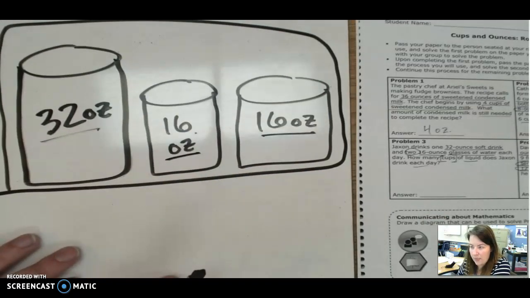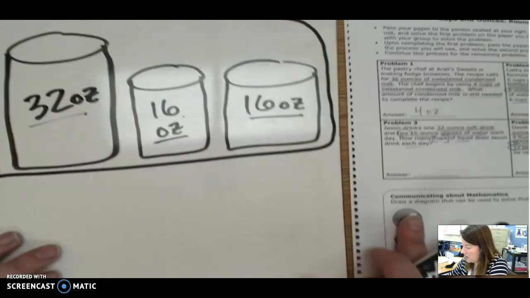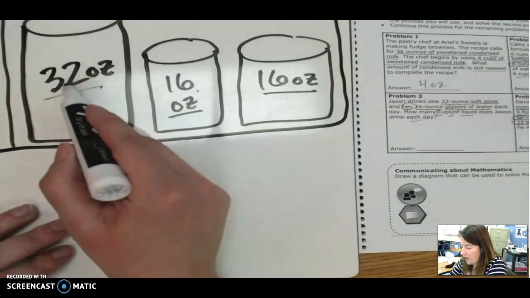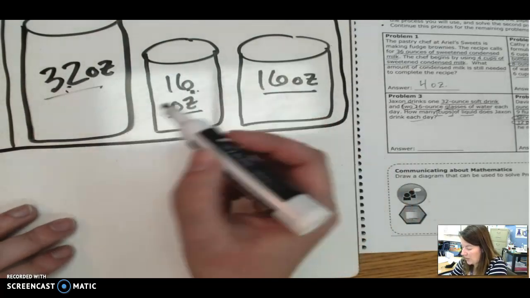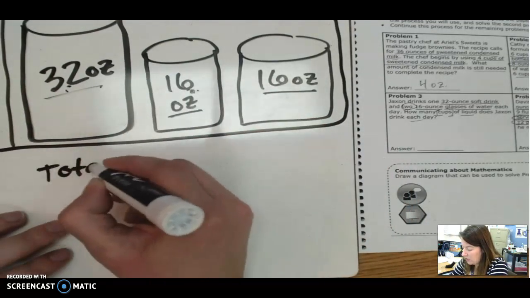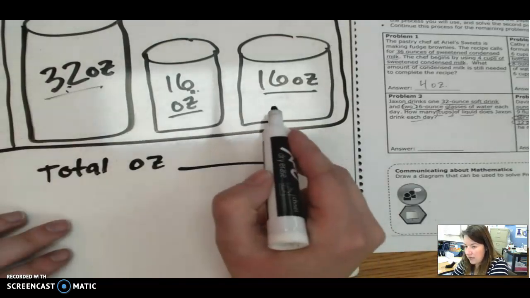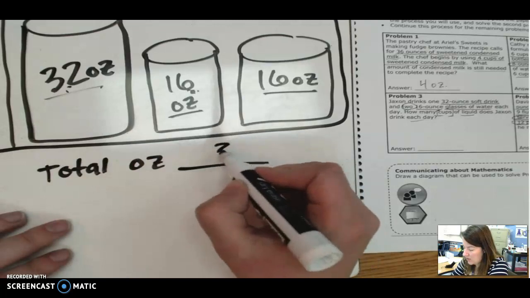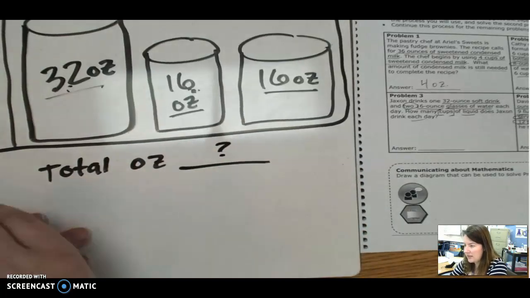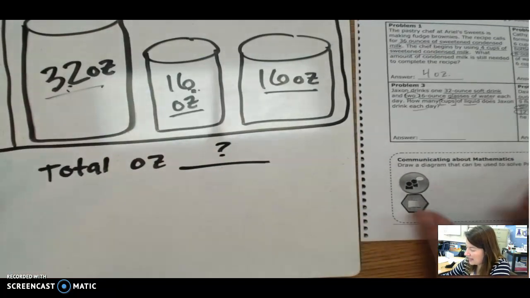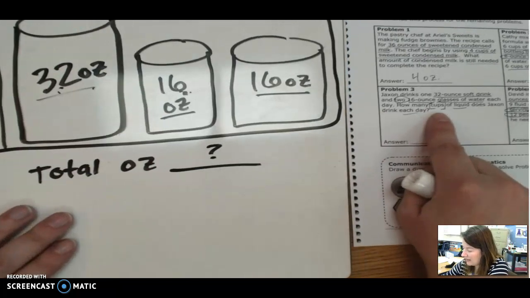That's kind of your first step. I'm not going to do it because I want you to do it on your own. So find the total of all of these ounces. Once you add up all these ounces, you'll get a total ounce number, right? Once you know what this total ounce number is, that should be our answer, except it's asking for it in cups.